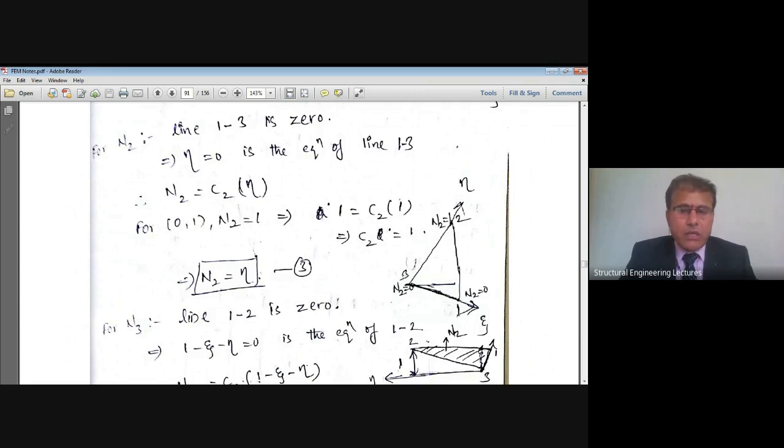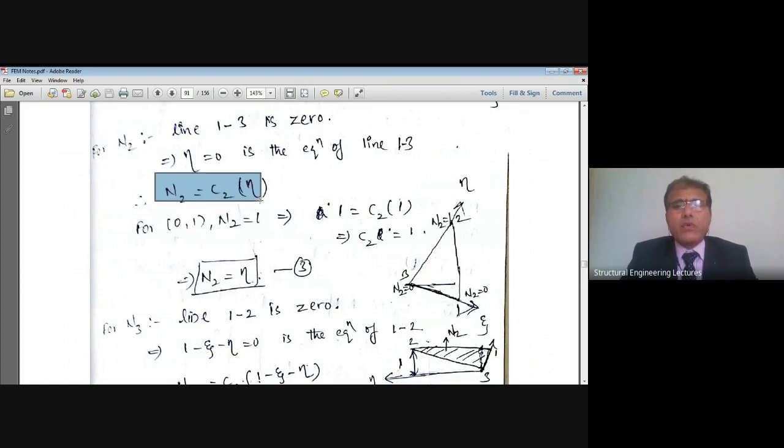Therefore, what is the equation of the line connecting these two nodes 1 and 3, lying along the xi coordinate direction? It is eta equal to 0. Hence n2 is written as the equation of that line, eta. There is no other line at which it becomes 0, multiplied by constant c2, right?